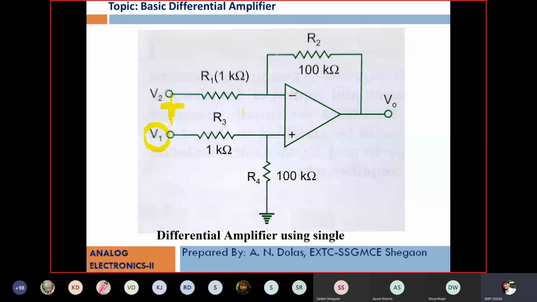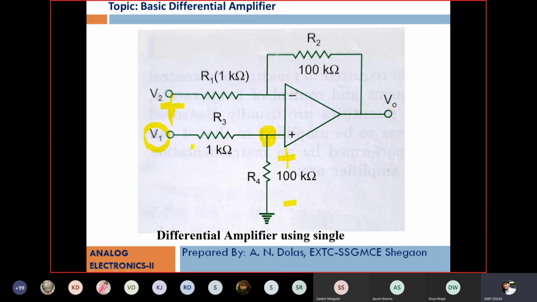So V1 is active. Our first aim is to calculate the voltage at the non-inverting terminal, which I marked with the highlighter, or we may say across resistance R4. You can see V1 is applied to R3 and R4 simultaneously.